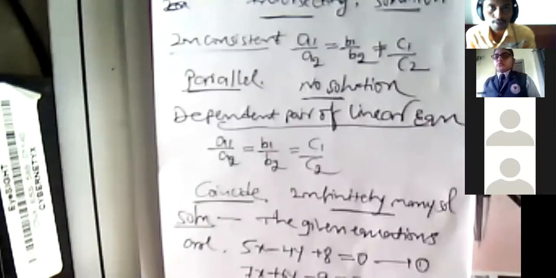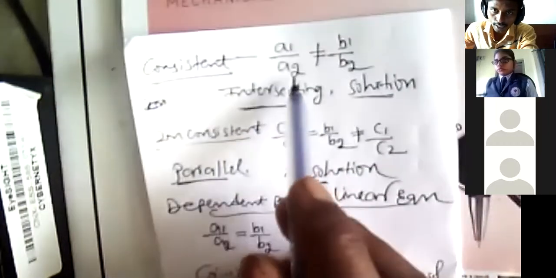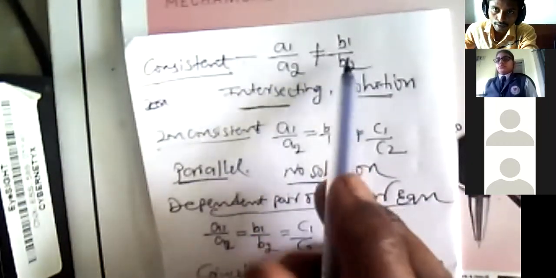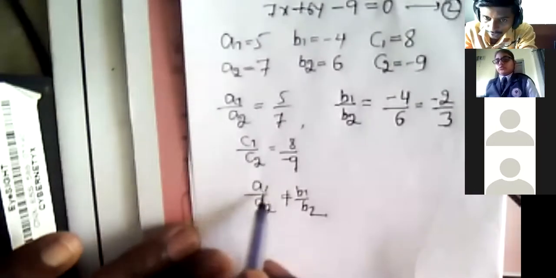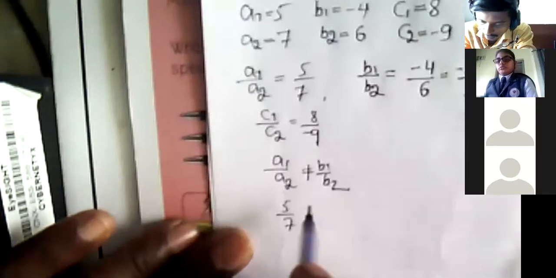In all these conditions, the first consistent condition is A1 by A2 does not equal B1 by B2. It is satisfied. A1 by A2 value is 5 by 7. Therefore, 5 by 7 does not equal B1 by B2, minus 2 by 3.